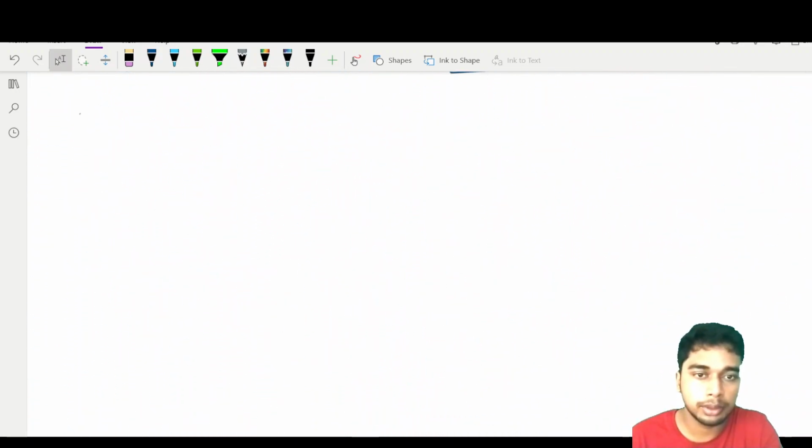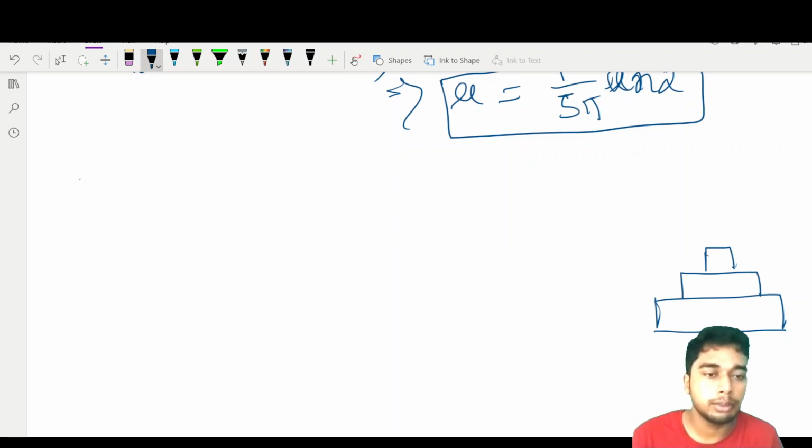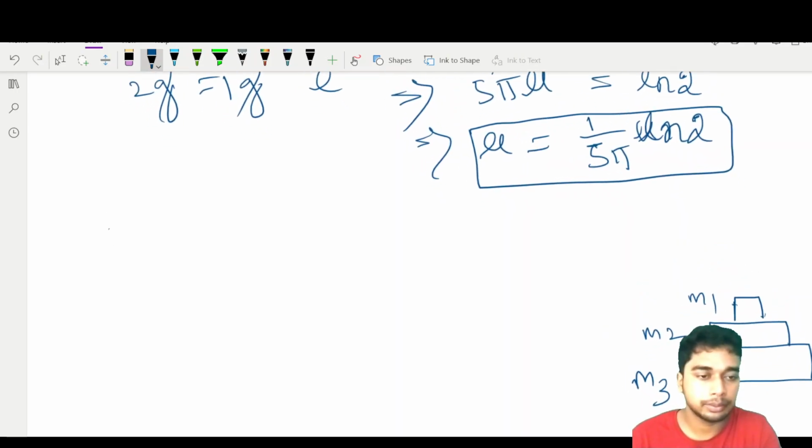some general problems. For example, there are three blocks loaded on top of each other. Say the mass of the upper one is m1, the middle one is m2, and the lower one is m3.